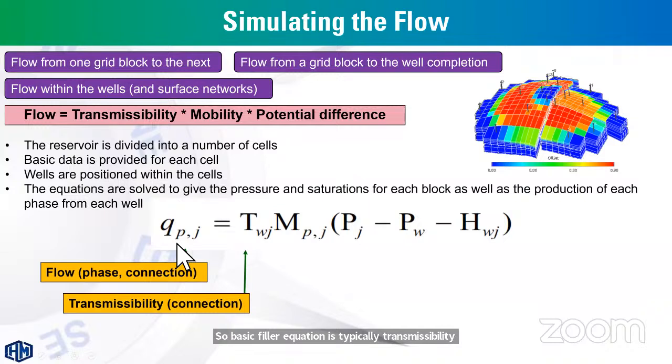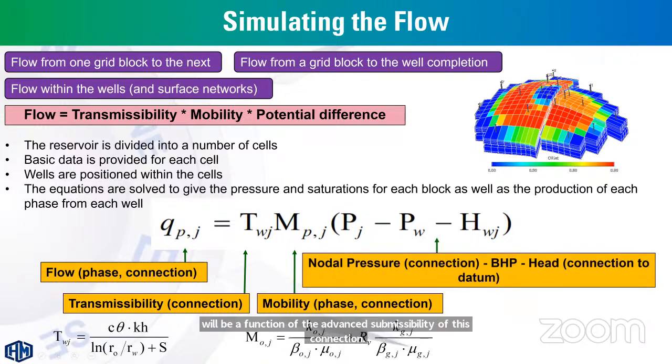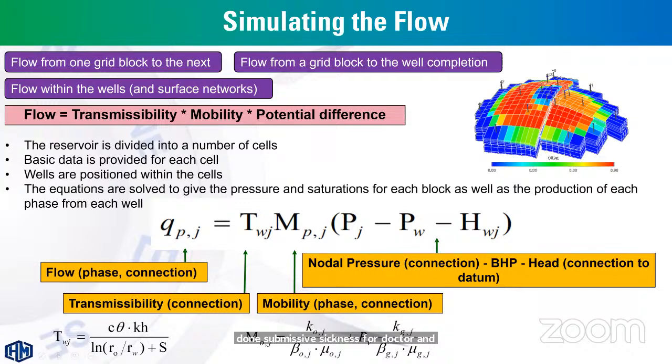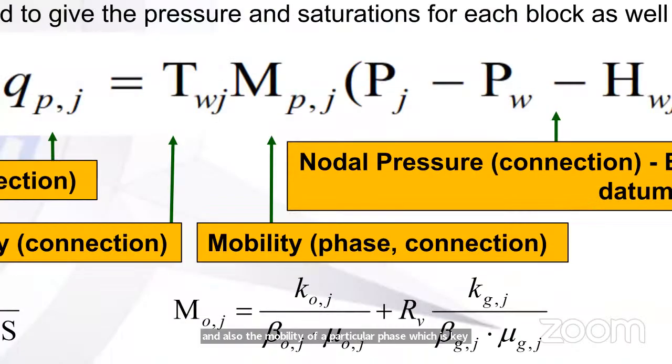As per this equation, the flow rate for any particular phase at any connection like this will be a function of the transmissibility of this connection, which is a function of KH, the permeability thickness product, and also the completion efficiency like skin factor and well-bore radius, and also the mobility of a particular phase, which is K over mu, multiplied by the PVT parameter like the oil formation volume factor.